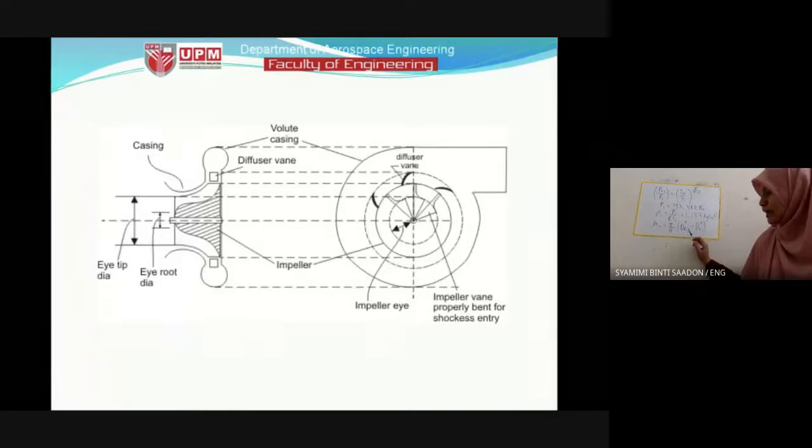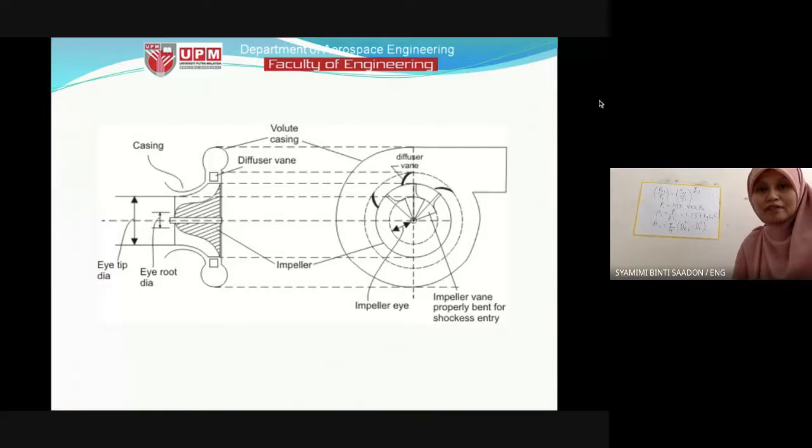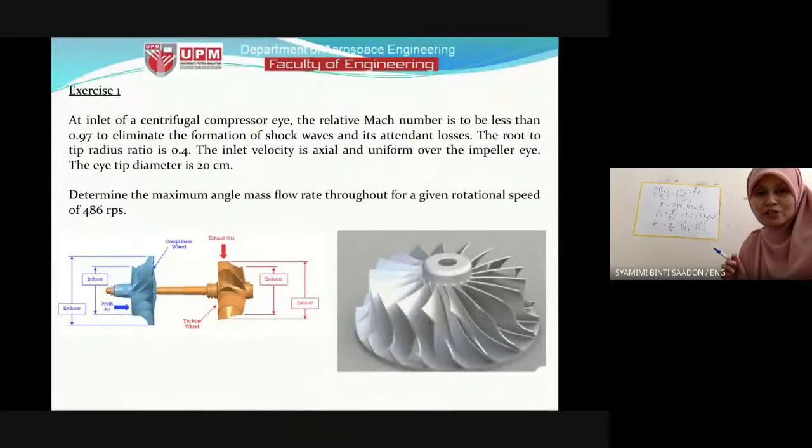The eye tip area: we have the eye tip diameter, just now 20 centimeters, so 0.2 meter. And for the root, we have the ratio. The root to tip radius ratio is 0.4, so we use that ratio. That ratio is the ratio between the root diameter and the tip.